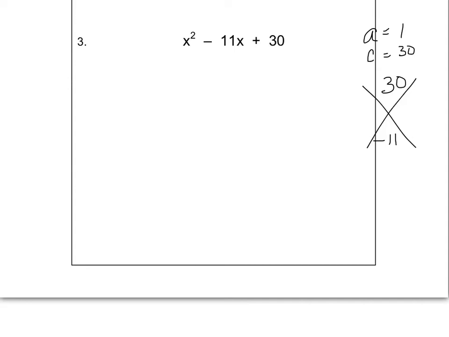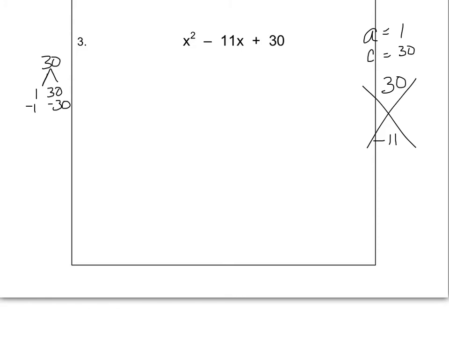Now, these factors of 30, in order to get a positive number, like if I put down 1 and 30, would I ever have a chance to make a negative number if I add them together? No. But if I make them both negative, I can get a negative number. So I'm looking for a negative number now.